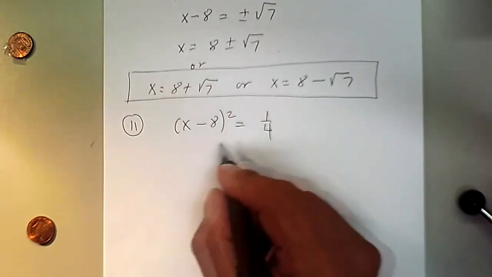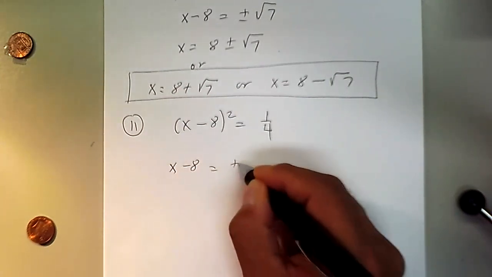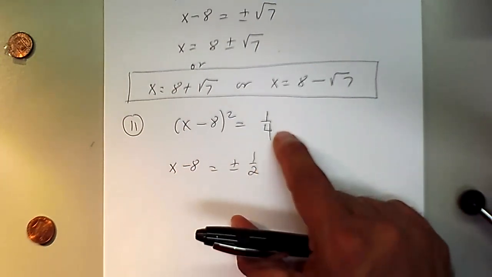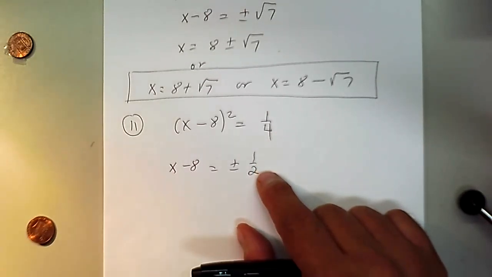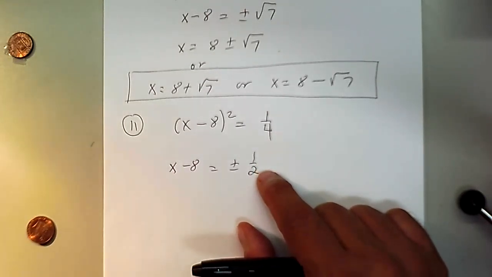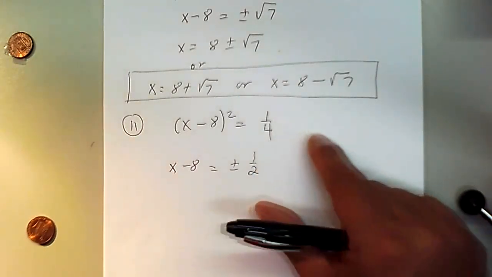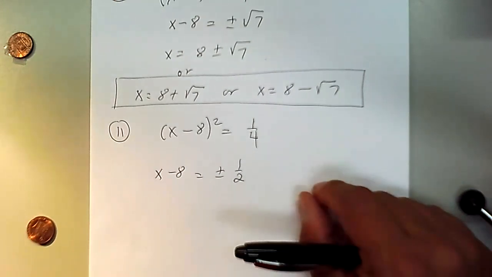We take the square root on both sides of the equation, so we have x minus 8 equals plus or minus a half. A half is the square root of 1/4, which is interesting because we typically think of a square root as being smaller than the original number. So for instance, what is the square root of 9? 3, and 3 is smaller than 9.